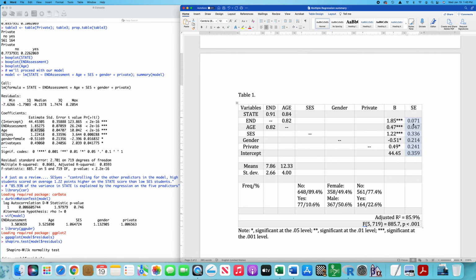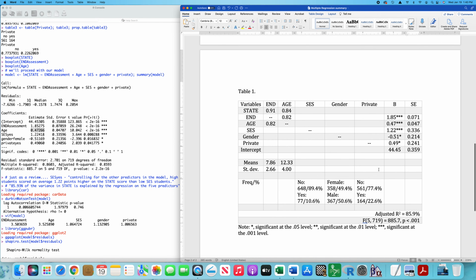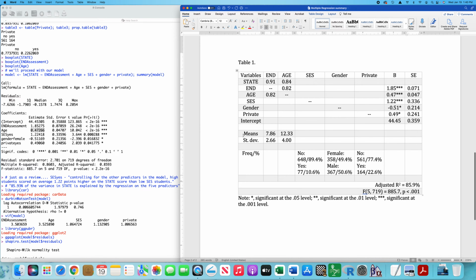They want to see consistent standard errors across the predictors. So if we got a standard error of maybe, just as an example, 15 for one of these, then there would be major concerns. Next thing I do is I come in with means and standard deviations for the quantitative predictors.